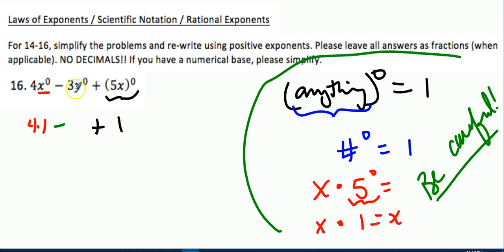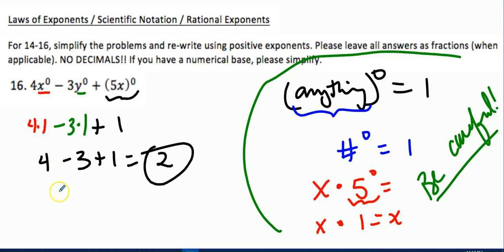Minus this y to the 0 is a 1. The 3 is multiplying it, so it's 3 times 1. And then you do that math. 4 times 1 is 4, minus 3 plus 1, I get 2. If you go too fast through these, you'll miss an easy point. So be careful.